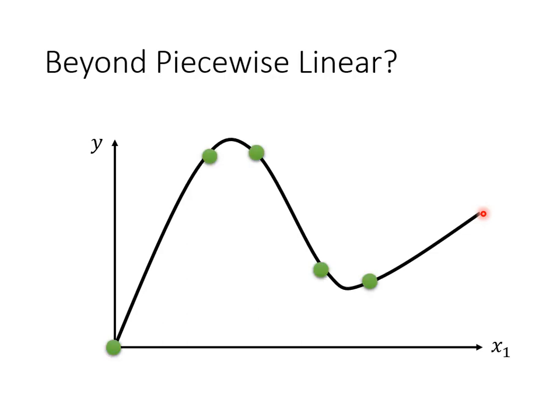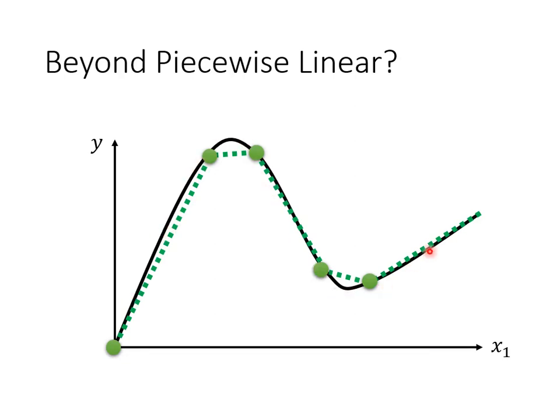We can choose some points on the curve and connect them, transforming them into a piecewise linear curve. This piecewise linear curve can be very similar to the original curve if you choose enough points, or if the locations of the points you choose are favorable.